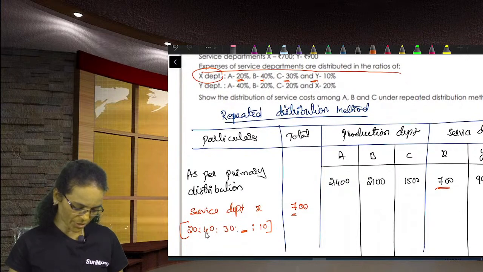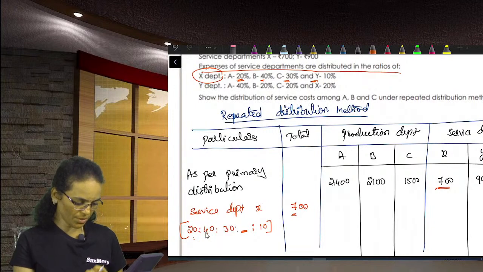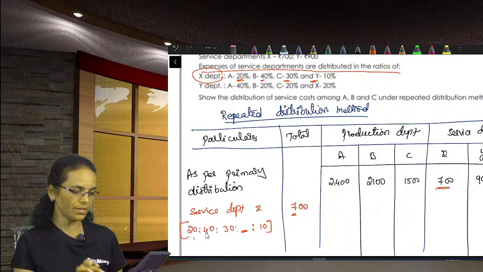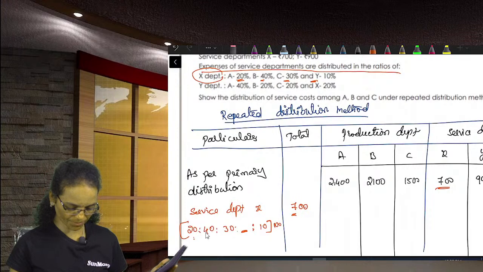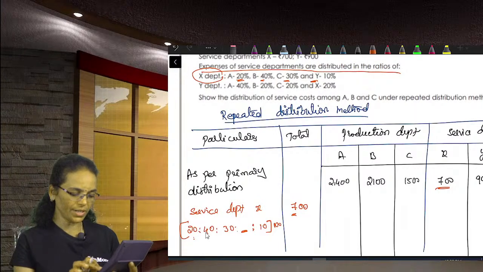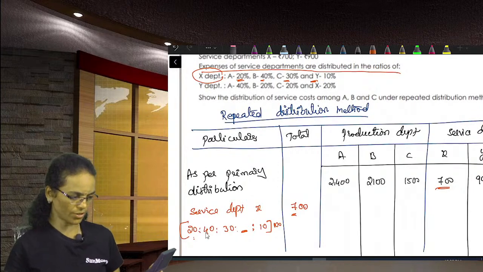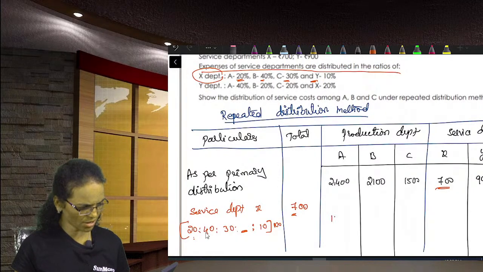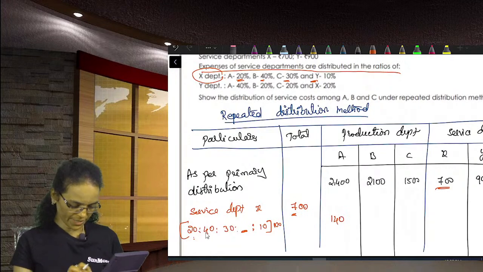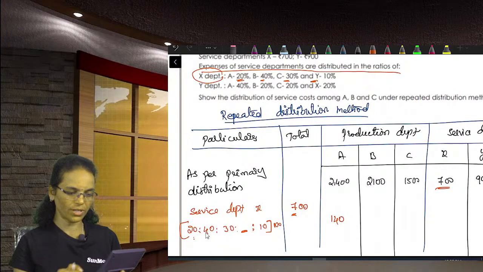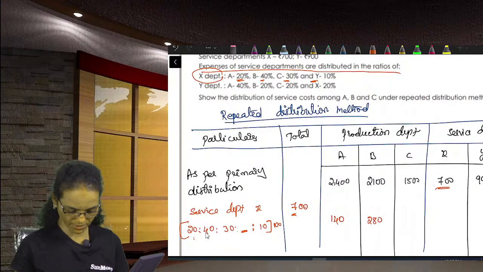So here 700 rupees, right? Totally 20 plus 40 plus 30 plus 10 is 100. So 20 divided by 100 into 700 is, I'm sorry, 140 rupees. Divided by 20 into 40 is 280 rupees.